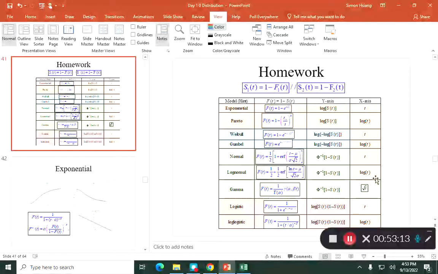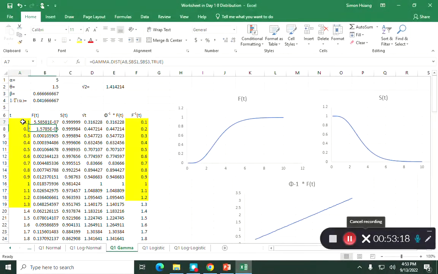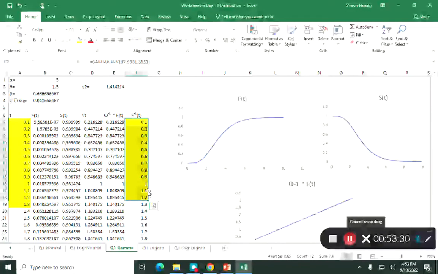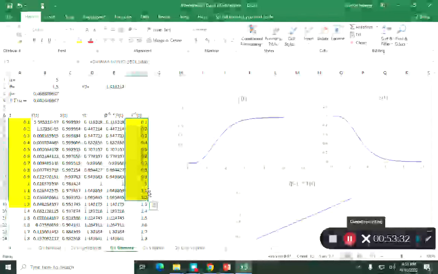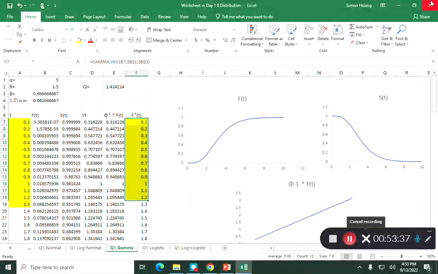The other thing I would like you to do for every Excel, when you play with it, at the end, recover the T through F inverse T. Okay? And that's the big homework for next Tuesday.